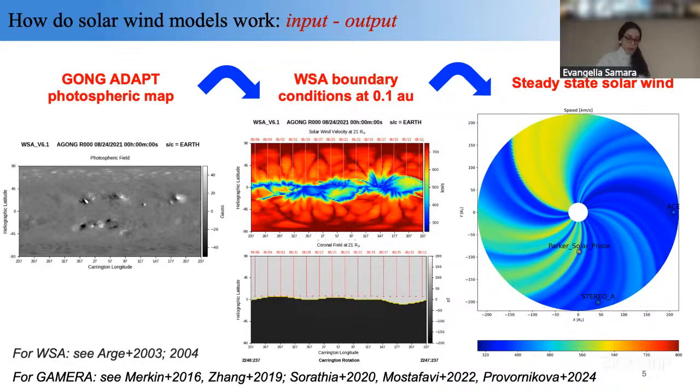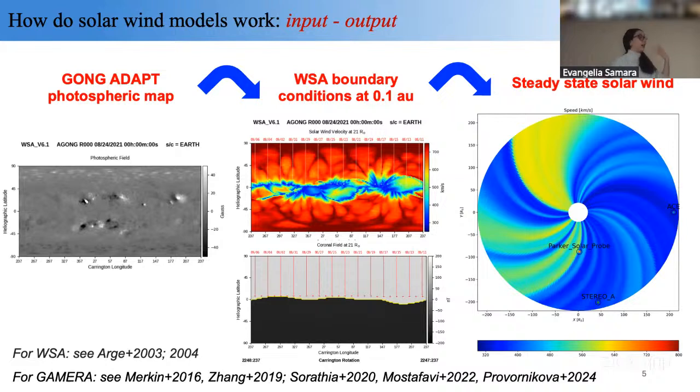I have an example here of such boundary conditions. It's a velocity map and a radial magnetic field map, namely the radial velocity of the solar wind and the radial magnetic field at 0.1 AU. Blue colors here mean slower solar wind, which is mostly extending around the heliospheric current sheet.